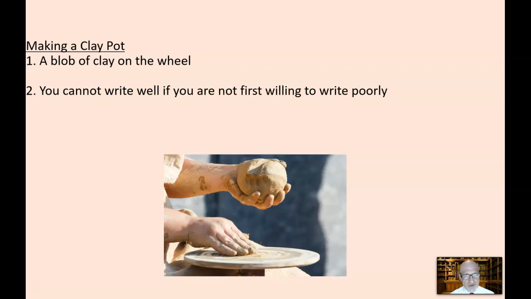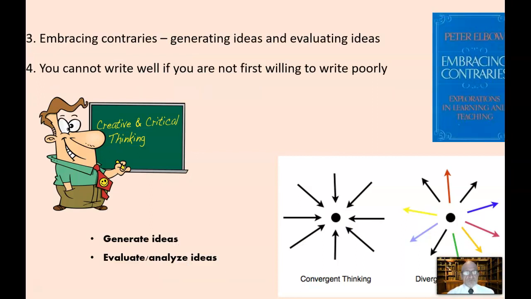You cannot write well if you're not willing to first write poorly. Let the bad ideas come, because bad ideas sometimes connect to other ideas, to good ideas, to associations. Get the ideas on the page. In writing, you are embracing contraries, as Peter Elbow said in a book long ago. You're embracing two kinds of thinking.